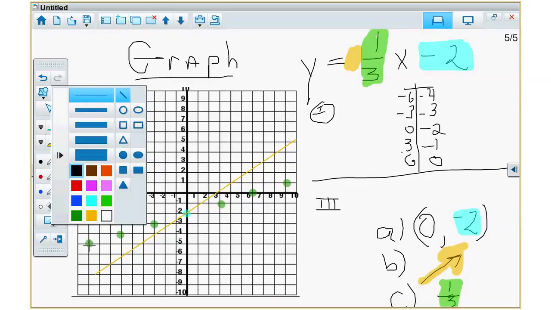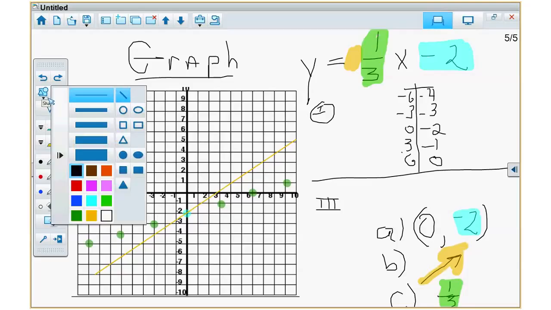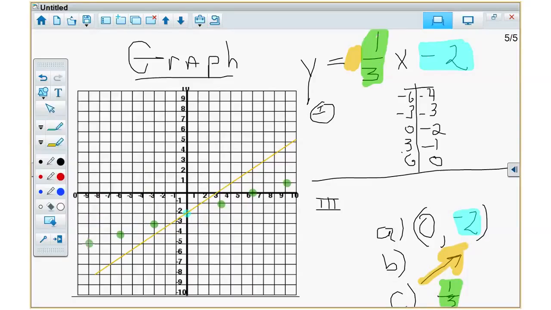Start at this point. Start at this point again. Okay. Let's try it again. Try it up here.